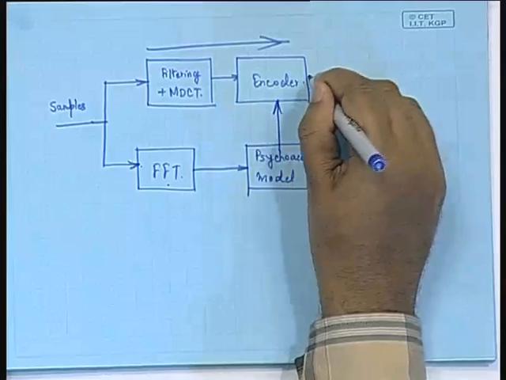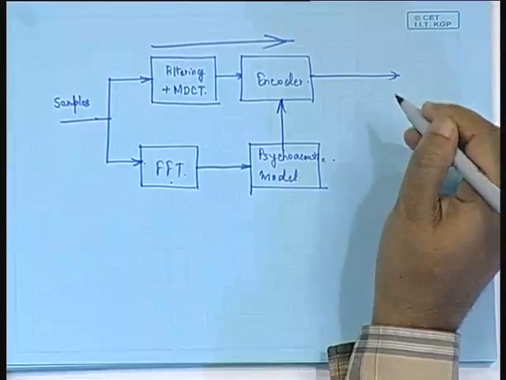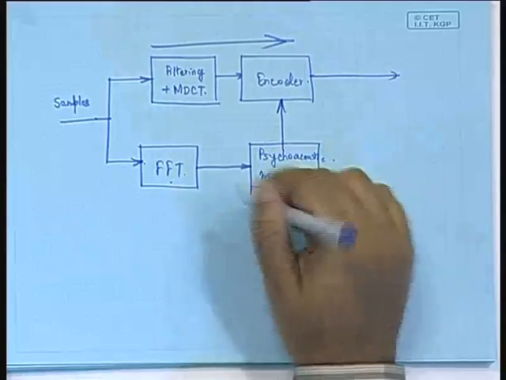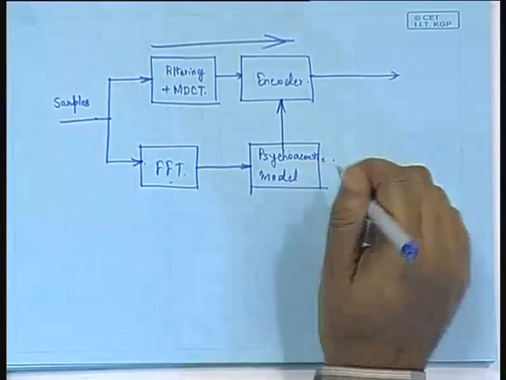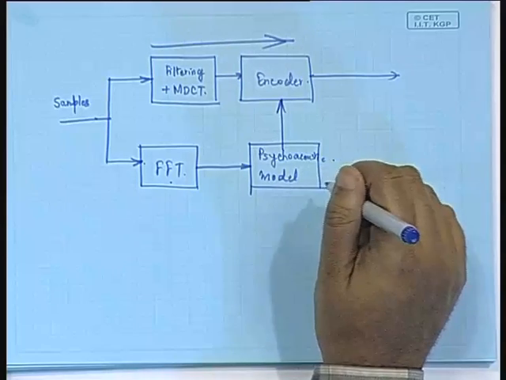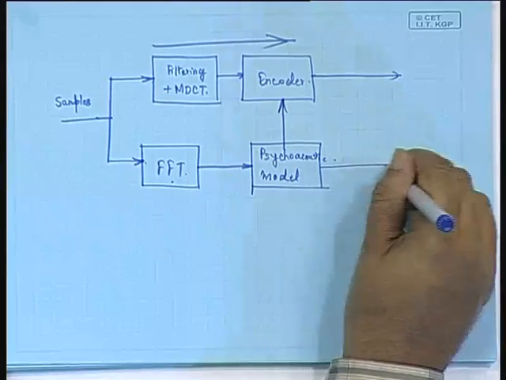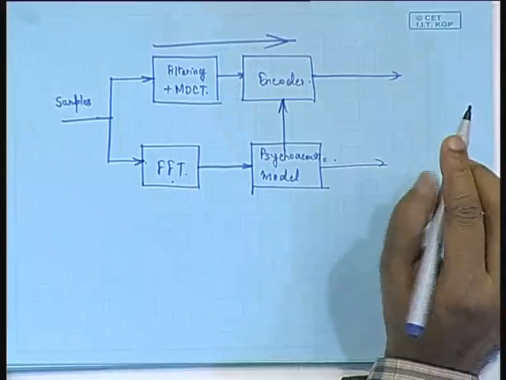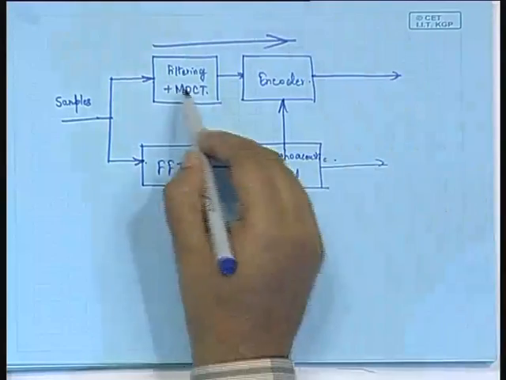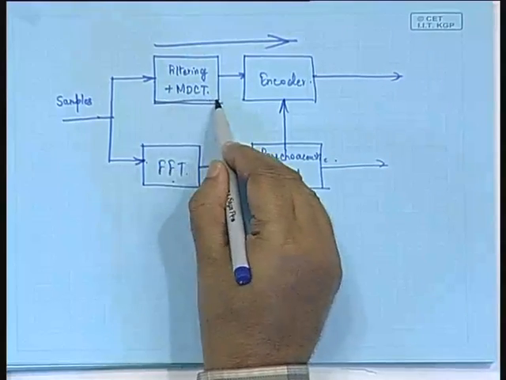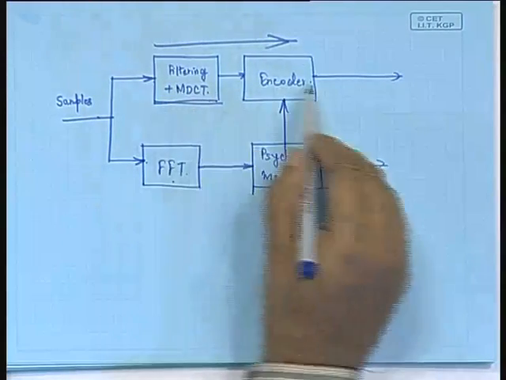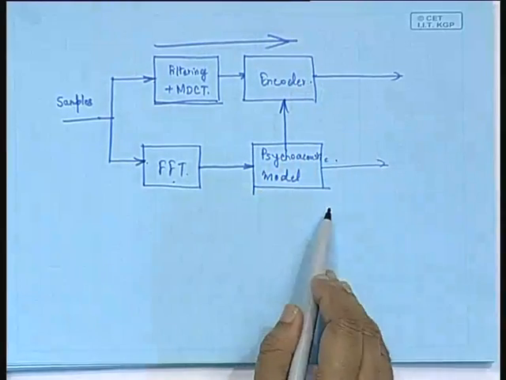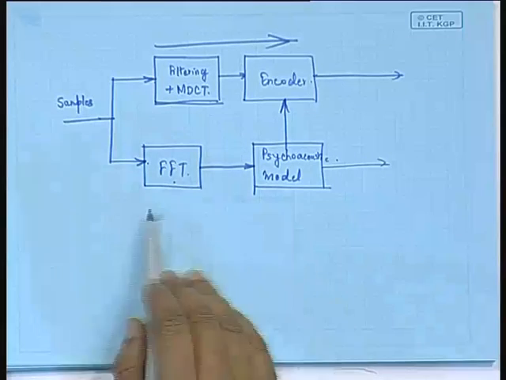So, the encoded samples will go out over here, and not only that, the parameters which we use for the psychoacoustic model, or the bit allocation parameters, they also will be put into the channel. So, this is the basic philosophy. So, do not think that this MDCT has got anything to do with the psychoacoustic model, because the psychoacoustic model is derived in parallel using the FFT.